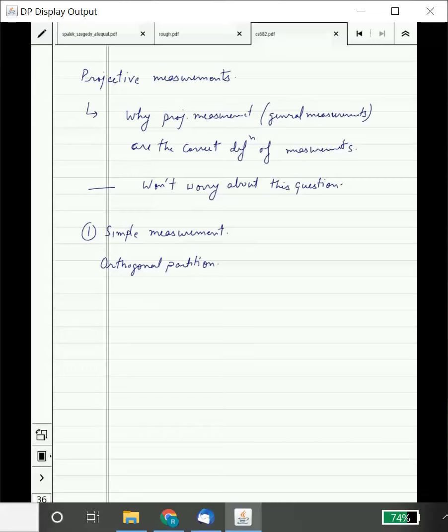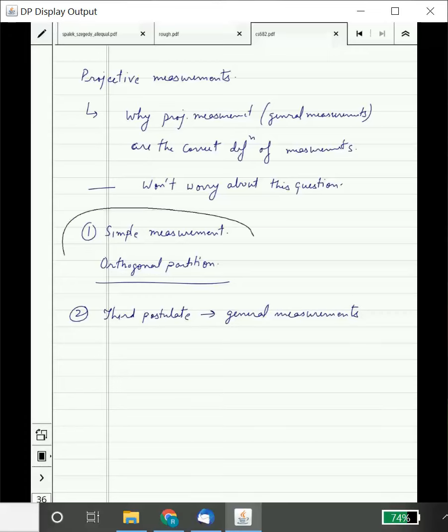That's a simple measurement. It turns out that the third postulate allows slightly more general measurements than that. We will study these in the next video, but most of the time this simple measurement, or what we call projective measurements, will be enough for our purposes.